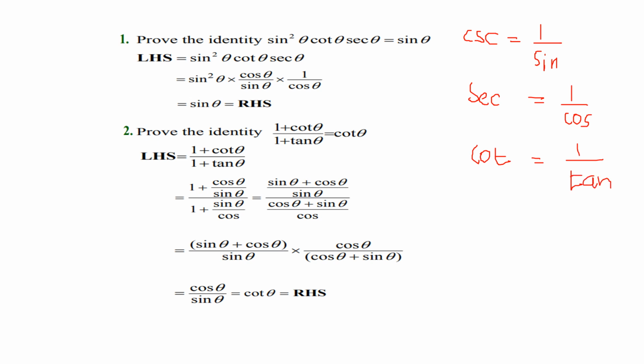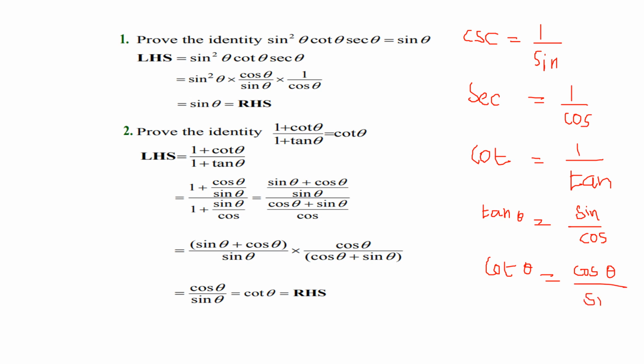Okay, so these are the basic ones. And then what is tan? Tan we can keep as a basic, sine over cos. And cot we can keep as cot. Angle I didn't give. If you want, you can put the angle. Cot theta is cos theta over sine theta.